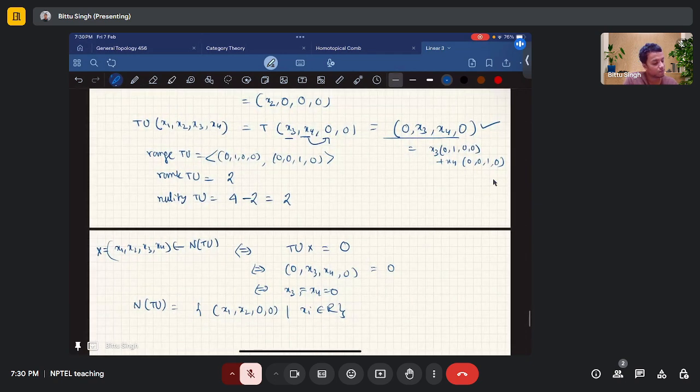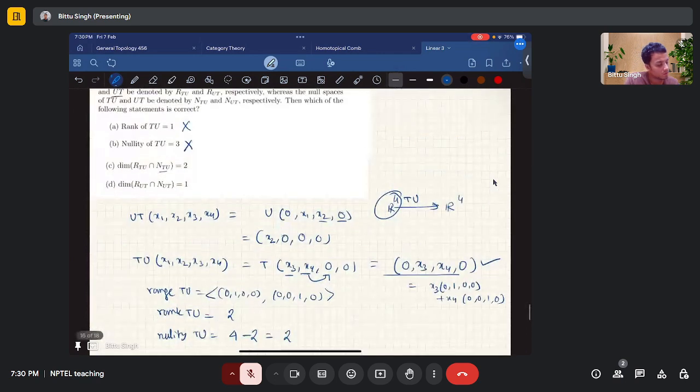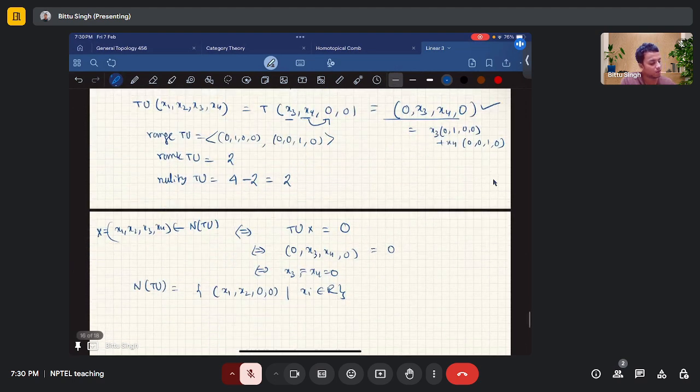Now what is the intersection of null T_U and range T_U? Range T_U will take this form, right?